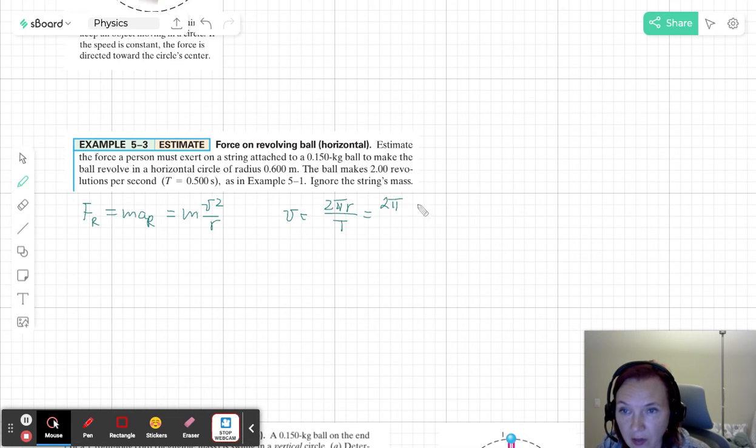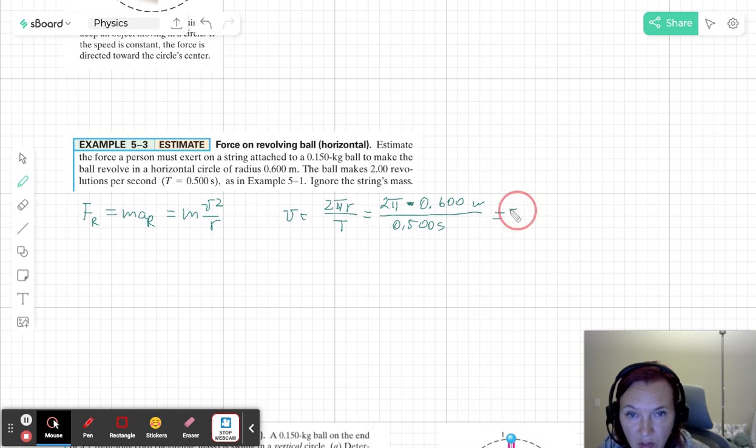It's 2 pi times the radius that's given to us, 0.6 meters, divided by half a second, 0.500 seconds. That is going to give us 7.54 meters per second.